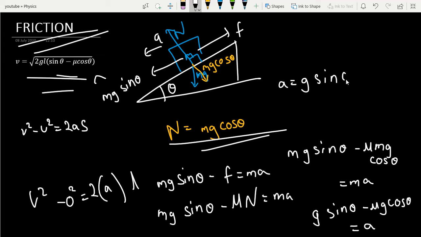If there is no friction on an inclined plane, then the acceleration will become g sine theta. Similarly, v will become the root of 2gl sine theta, and t would also become the same.